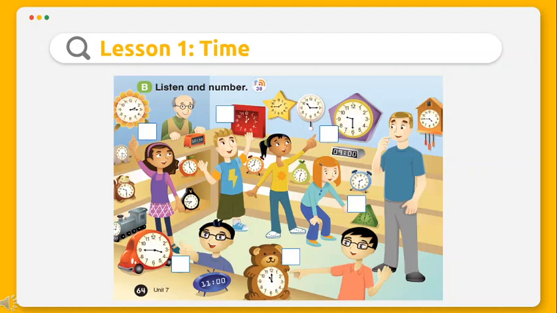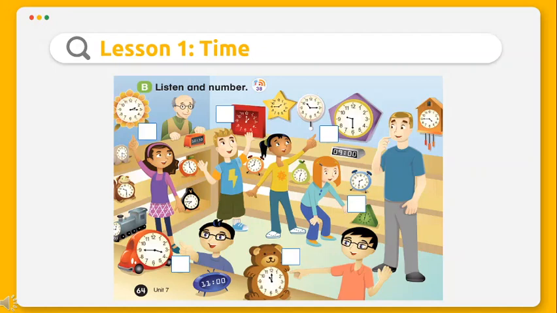Page 64. B. Listen and number. 1. Let's play a game. 1 o'clock. It's this clock. It's a red clock. Good. 2. 2:15. I can see that clock. It's the flower clock. That's right. 3. Now, ready? 3:45.